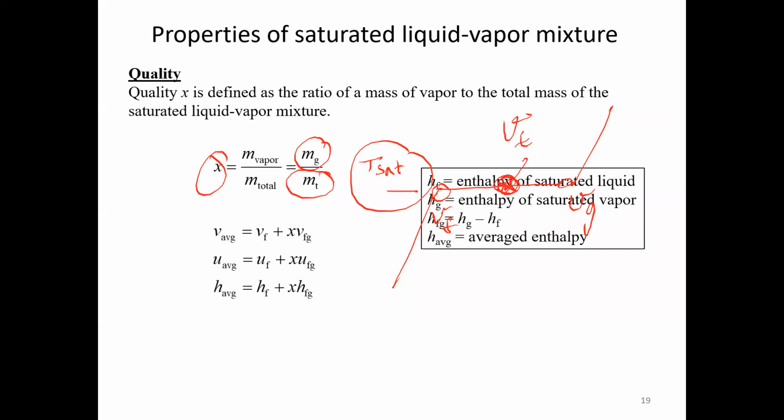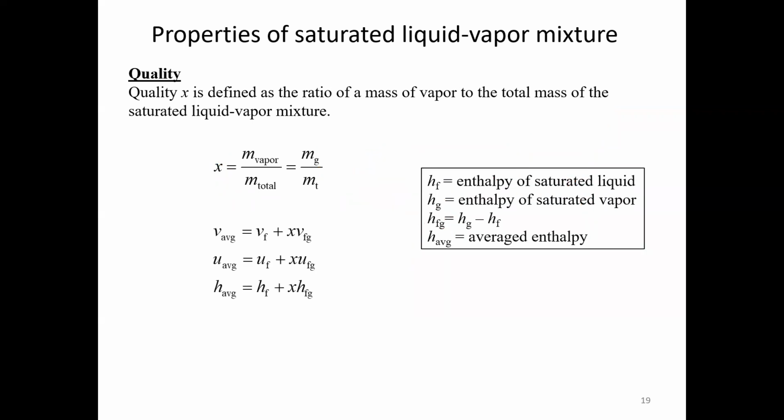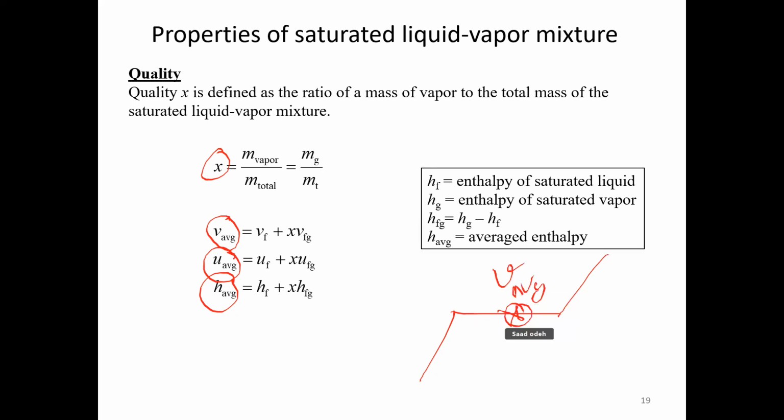I use this quality, as I mentioned, to find the specific volume or internal energy or enthalpy somewhere in between in the two-phase region. If I want to choose any point in the two-phase region, I call it, for example, average. This point is the average between VF and VG.